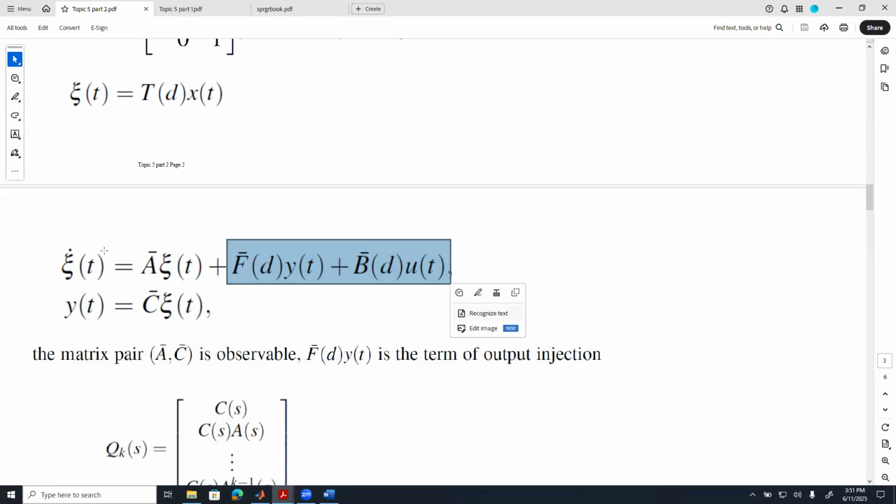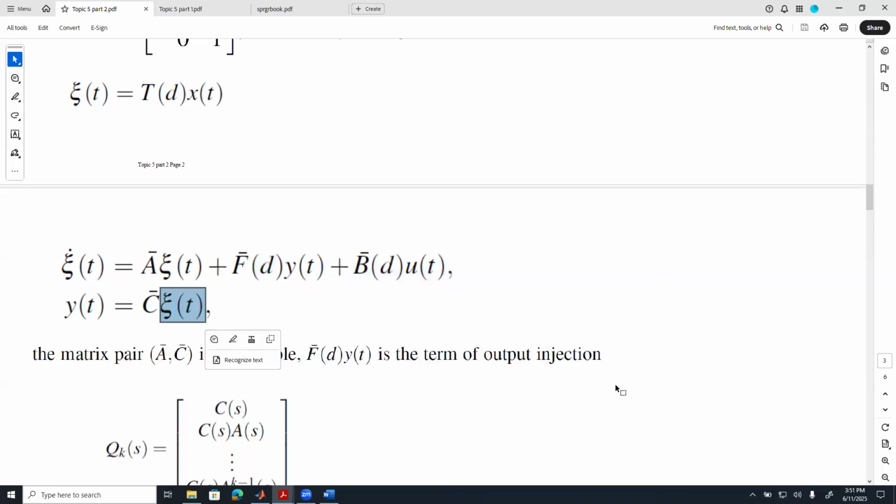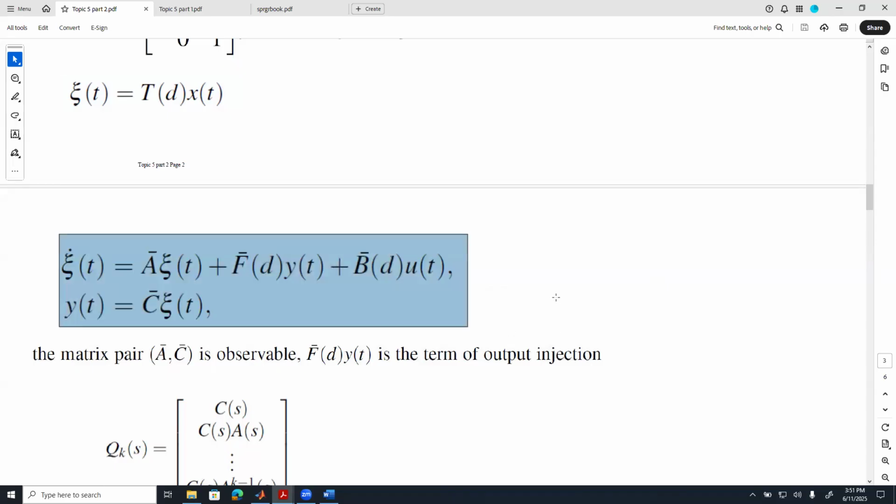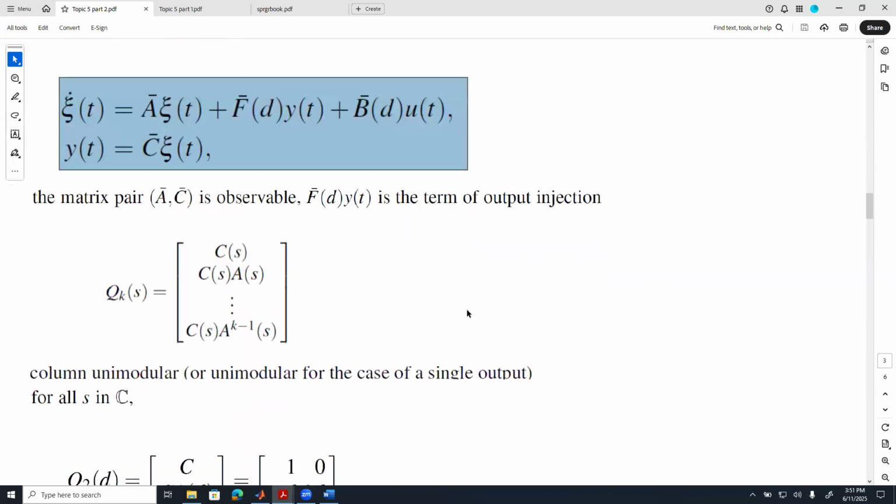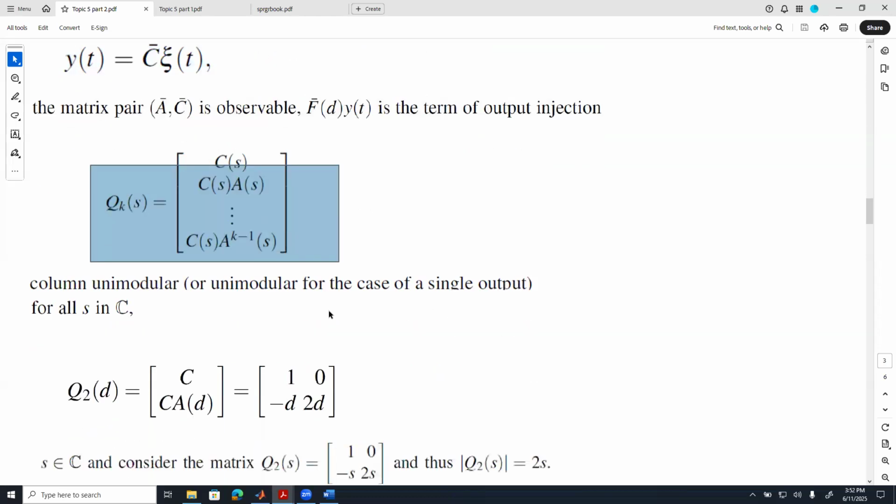We can always design an observer to estimate the state vector, if there exists a coordinate transformation to transform the system into this coordinate. And according to Hao and Muller, the necessary and sufficient condition is that this matrix here is unimodular for the case of a single output. It has to hold for all values of s in the complex plane.